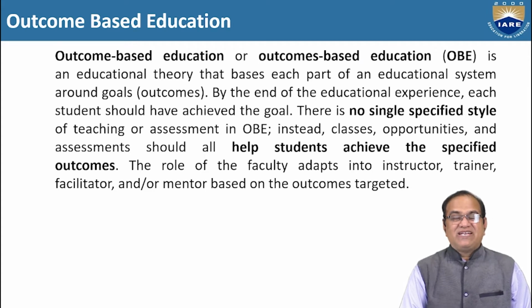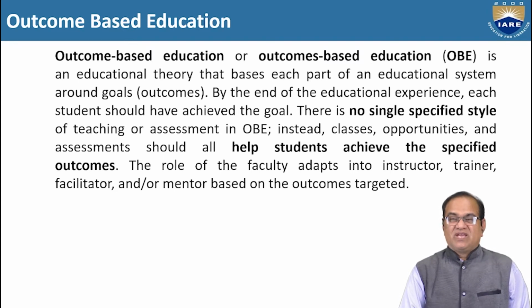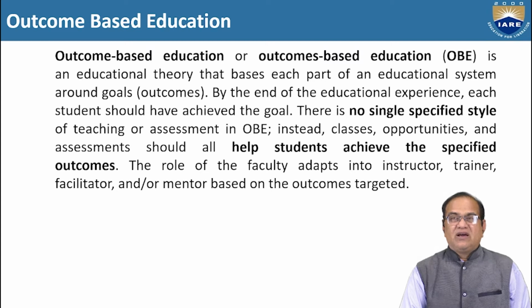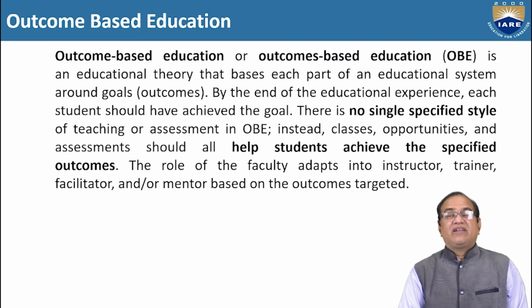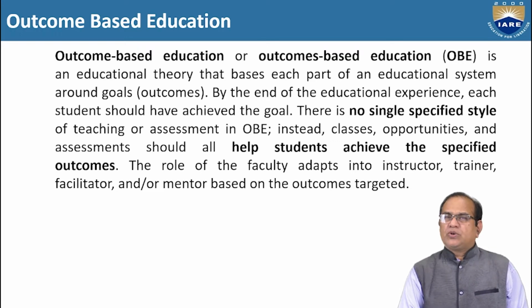And these outcomes are framed by the faculty itself, the faculty who is taking the course. But these outcomes have to be obtained during the particular semester, and there are different methods how we can assess whether the students have achieved the outcomes or not. So we can divide this attainment into two groups.